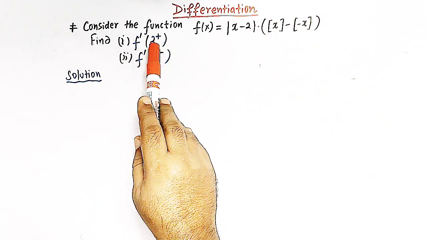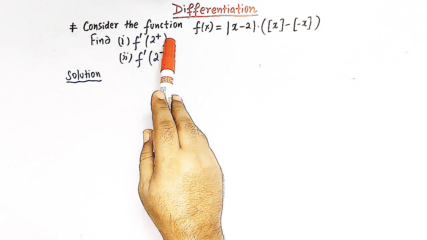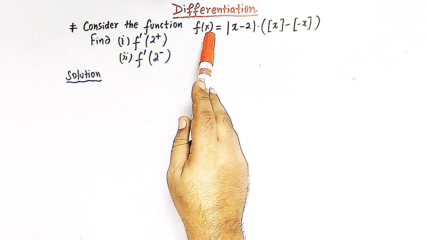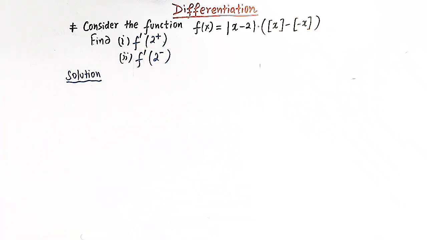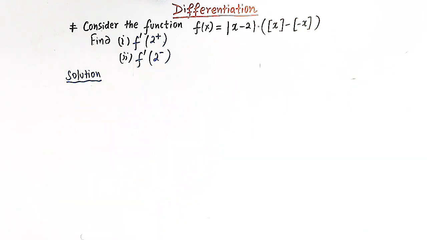So here we have two parts. In the first part we have to find out the right hand derivative of f of x at x is equal to 2, and in the second part we have to find out the left hand derivative of f of x at x is equal to 2, right? So here what we will do, will make use of an important property of greatest integer function, right?